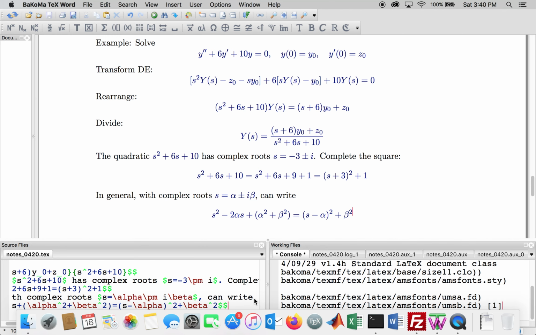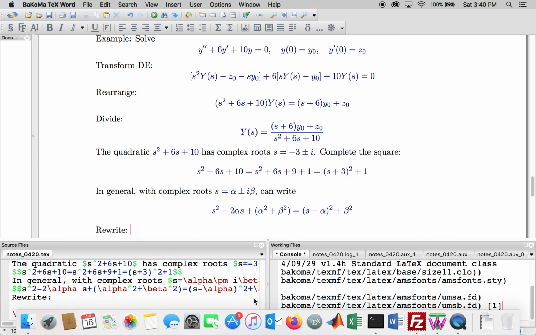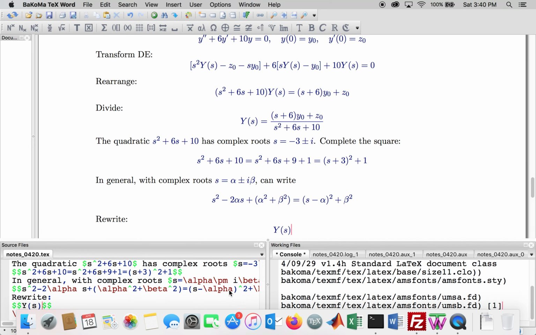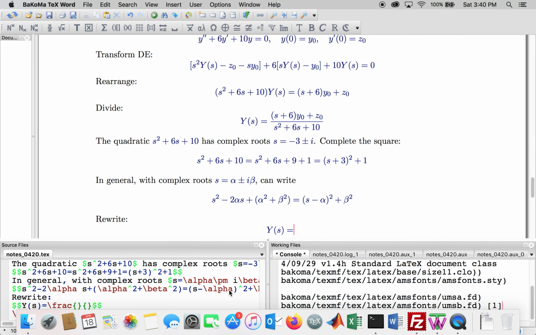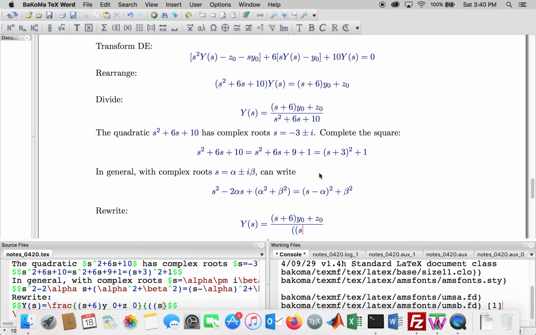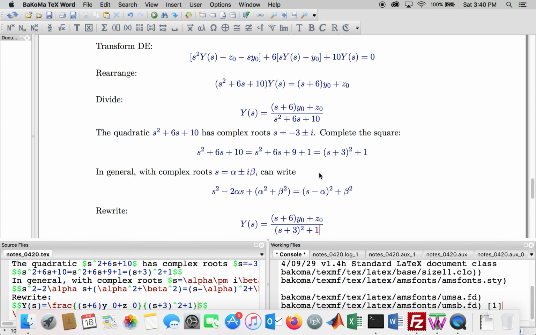Okay. Now, I want to take this numerator here and write it in terms of a shift. So capital Y of s is equal to s plus 6 y naught plus z naught over, and I'll use a square completed form down here, s plus 3 squared plus 1.